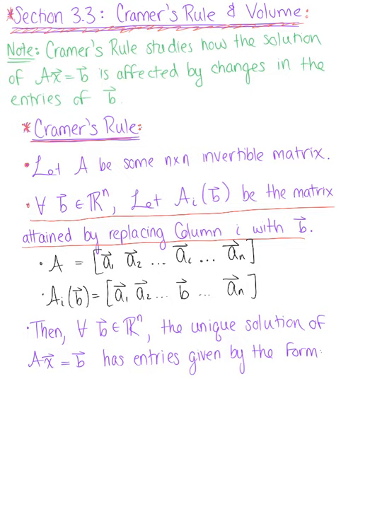So then Cramer's rule tells us that for every vector b in Rn, the unique solution of the equation has entries given by the following form.